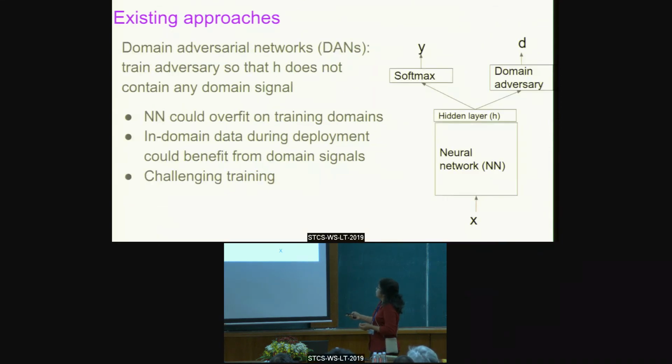Okay. The GAN equivalent for domain is called the domain adversarial network. This is what everybody uses. Anytime people talk about domain adaptation, everybody just thinks about wiping away domain, whereas we talk about keeping domain because we want to provide high accuracy even for the training domain.